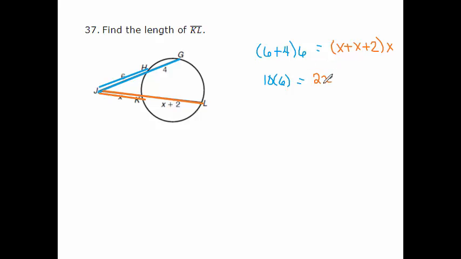Okay, if I simplify that, 10 times 6 equals 2x plus 2 times x. So I end up with 60 equals, and remember when we multiply this x, we have to multiply everything in the parentheses. So I get 2x squared plus 2x.